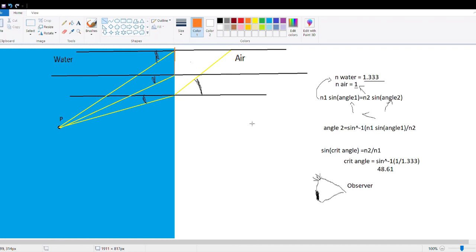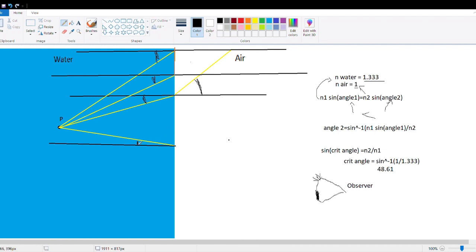So now the question is, how does a ray reach the observer? Well, we said that the angle has to be smaller in the water and bigger in the air. So let's start drawing a line from point P. Let's say it goes here. Then let's find the angle with the normal, like this.